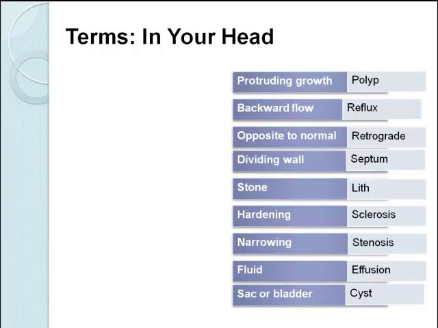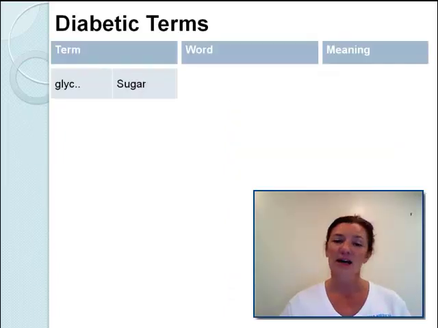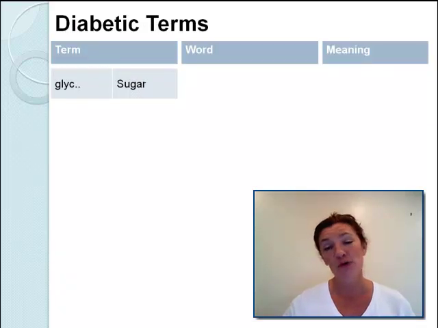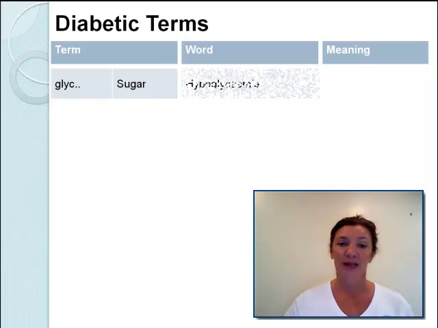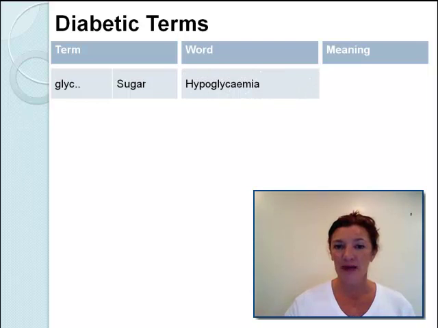Next, we'll be looking at terms associated with diabetes. Diabetes is a problem where patients are unable to control their blood sugar levels. So let's look at some diabetic terms. Our first one, glyce, is the root term for sugar. Hypoglycemia.